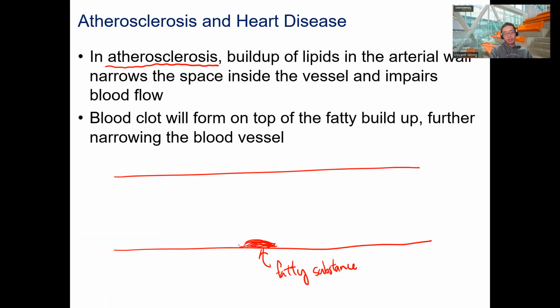Obviously it's not purple in the body, but it will stick to it and cause a blood clot, the platelets. That makes it even more rough than before, so more things get stuck to it, and eventually you get this big blood clot. It makes this part of the vessel harden and become weaker. That's what atherosclerosis is.